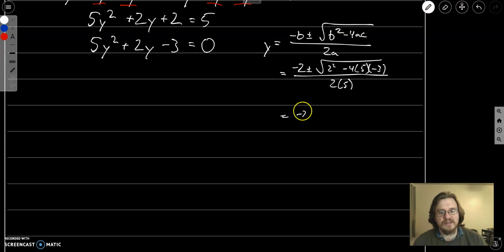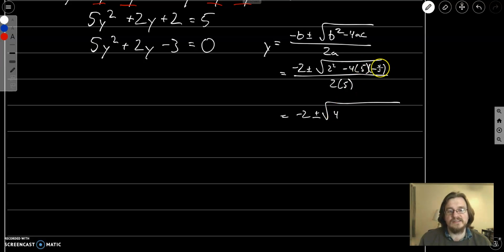We've got minus 2 plus or minus the square root of, so that's 4. 4 times 5 is 20, times 3 is 60, and we are subtracting that. It's a negative and a negative, so those cancel out. So that's 60. And then 2 times 5, well, that's 10 on the bottom.